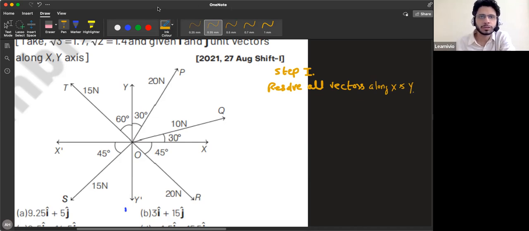So let's start with these calculations. Hiba, let's start with you. Hiba, can you resolve this vector Q along x-axis? The magnitude of Q is 10 Newton. Hiba, at least try. The component of 10 Newton along x-axis. What will be the component?